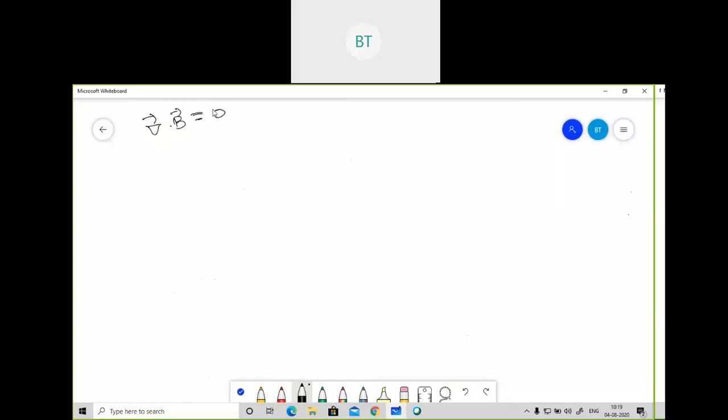So please write what I'm writing here. Please write it in your copy, because according to this statement only, I'm going to prove this equation. So what I'm writing, please write in your notebook.